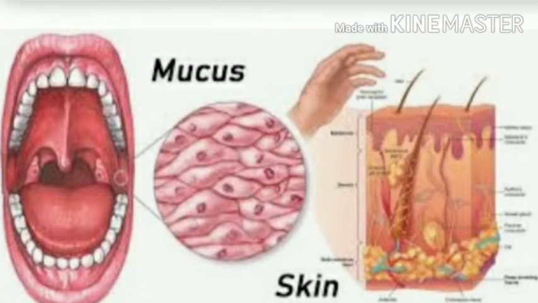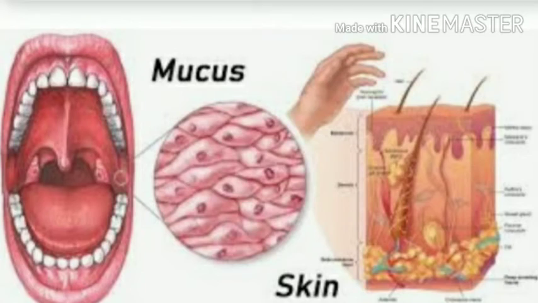Next, mucous membrane. The mucous membranes line body cavities that open to the exterior, such as the respiratory tract, the gastrointestinal tract, and the genitourinary tract.